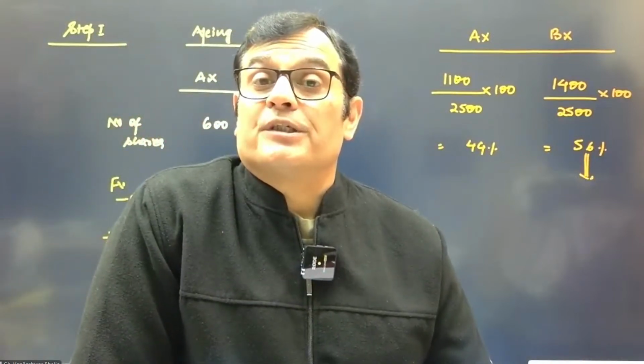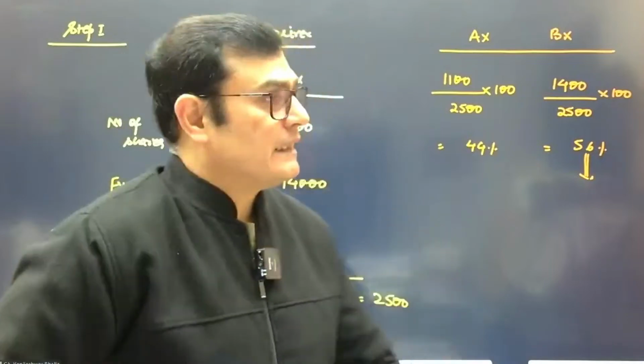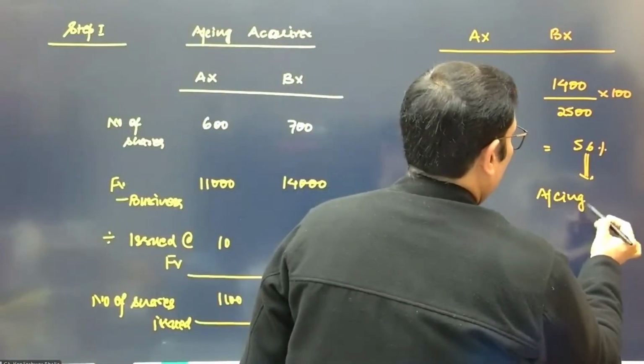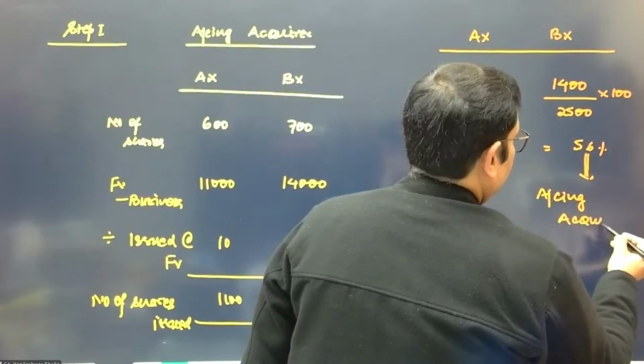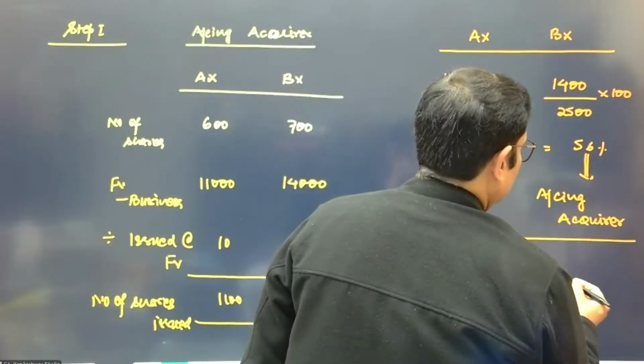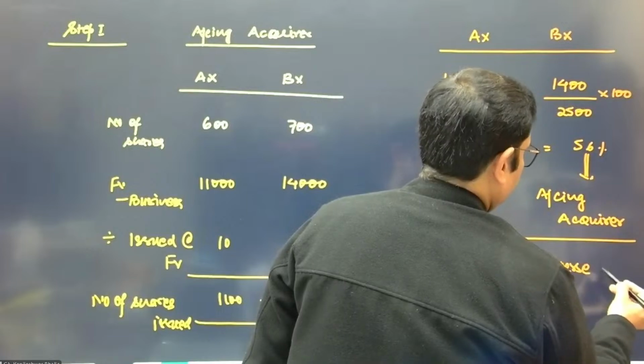And I think this 56% itself is indicating that BX is getting control over ABX, because out of the total shares, it gets a 56% stake in the company. So this indicates that it is the accounting acquirer, and this itself indicates that this is definitely a case of a reverse acquisition.